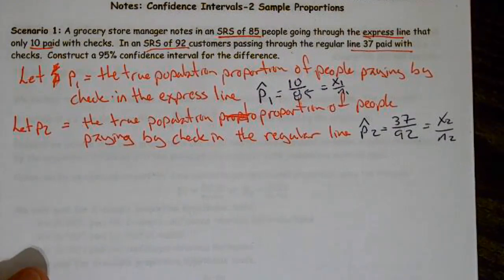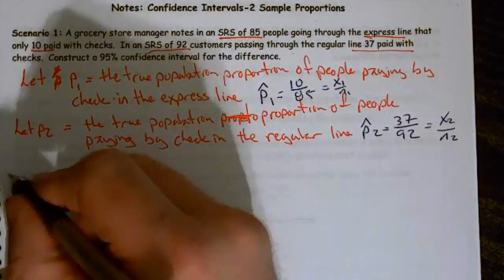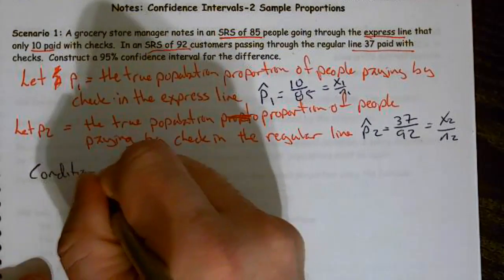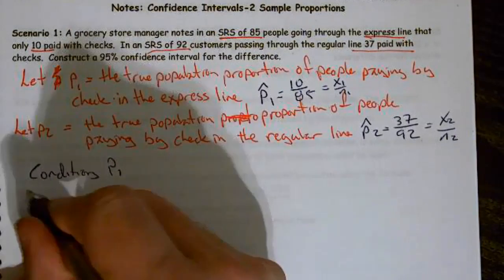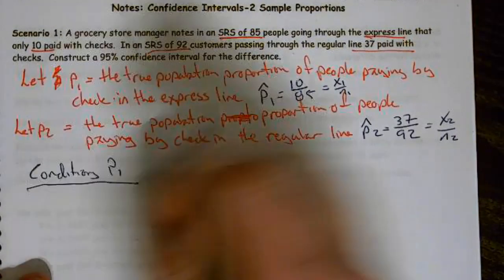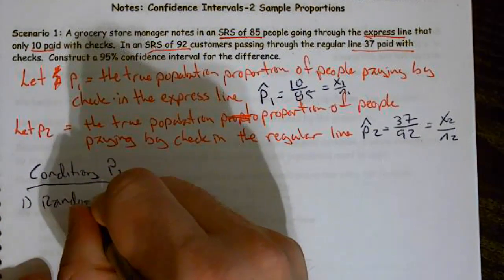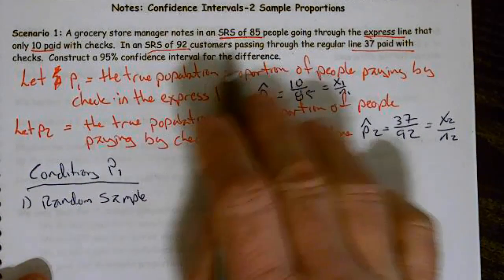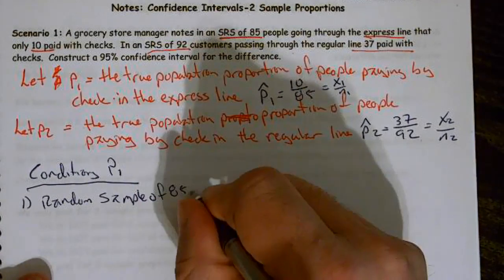All right, the next thing we get to do is we get to do the conditions. We have to do them for both. So we sit there and go, oh, simple random sample of 85. So conditions, and we're going to do conditions for P1. And we have random sample, and I'm going to just say the size, random sample of 85 given.